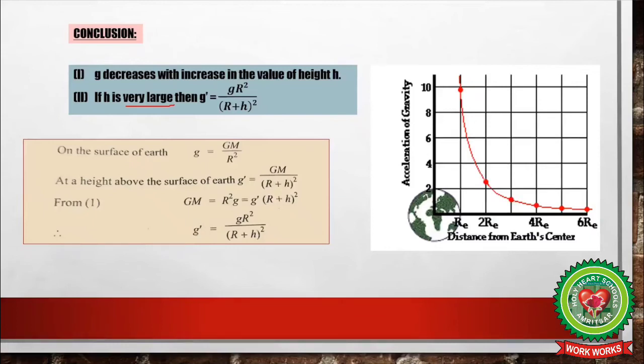We'll study in the next topic how acceleration due to gravity varies when we go deep inside the earth. But for now, we see only that as we increase the height, acceleration due to gravity decreases. And you have to learn these two relations.